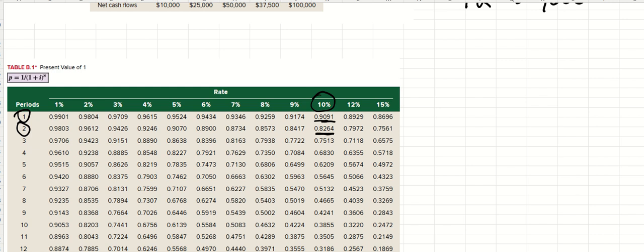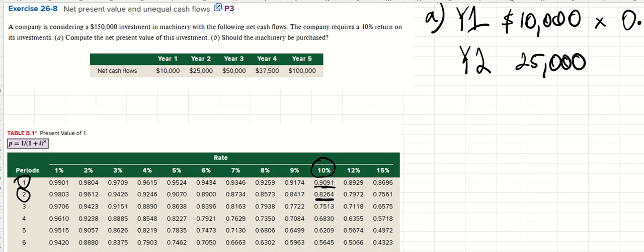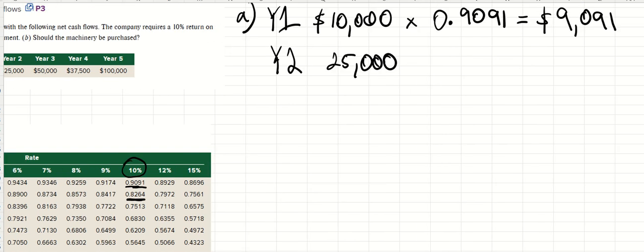We have the factor here of 0.8264, which is going to be applied to this $25,000 that is projected to be generated in cash. And we're going to multiply that 25,000 by 0.8264. Okay, that's going to give us $20,660. Okay, so the future value is 25,000, but the present value of that $25,000 is $20,660.